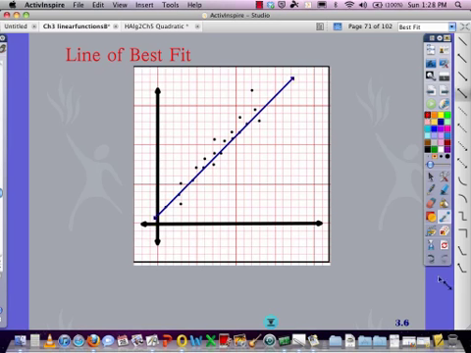Maybe you would be more of the type of a little strategy like, well, I know there's a low point, I know there's a high point. Maybe I would make my line go through, or as close as I could, those points. So if we did the low point and the high point, something like that might be pretty close to our line.